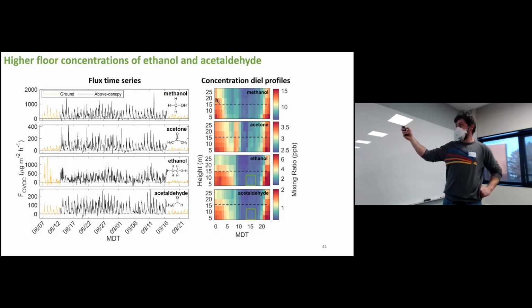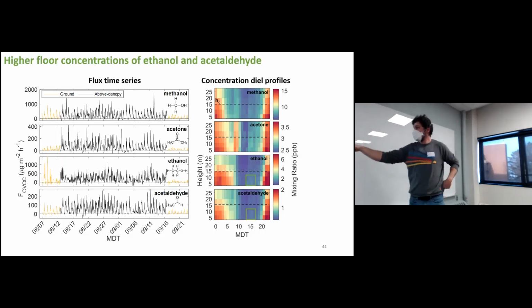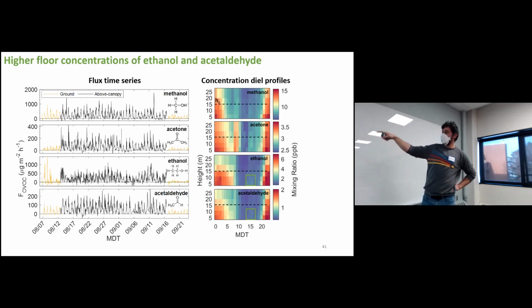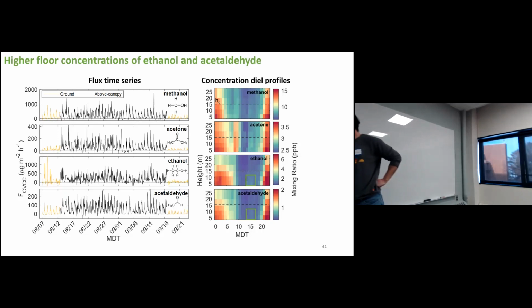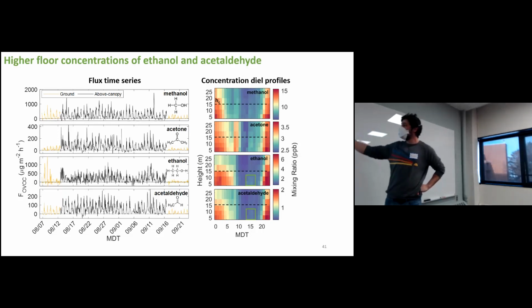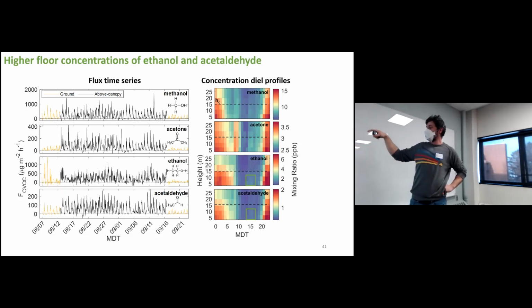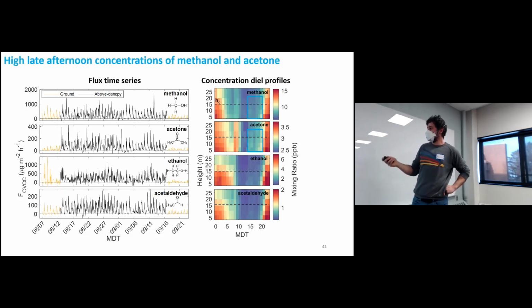For ethanol and acetaldehyde, we can see that it potentially has more of a ground source. It's hard to see because the color scale is off, but we have higher concentrations close to the ground of ethanol and acetaldehyde than later. And then methanol and acetone show this buildup throughout the canopy, so it could be more of a tree source.